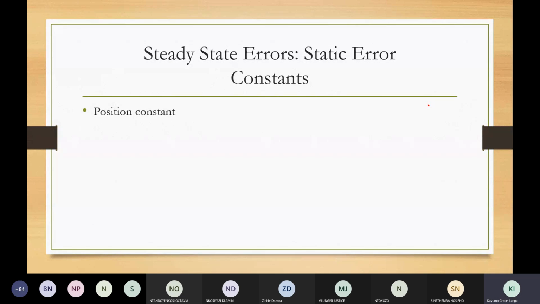So that's what we call the static error constants, which are Kp, Kv, and Ka. Now we have Kp, which is this limit, our first static error constant in the case where n is equal to 0.